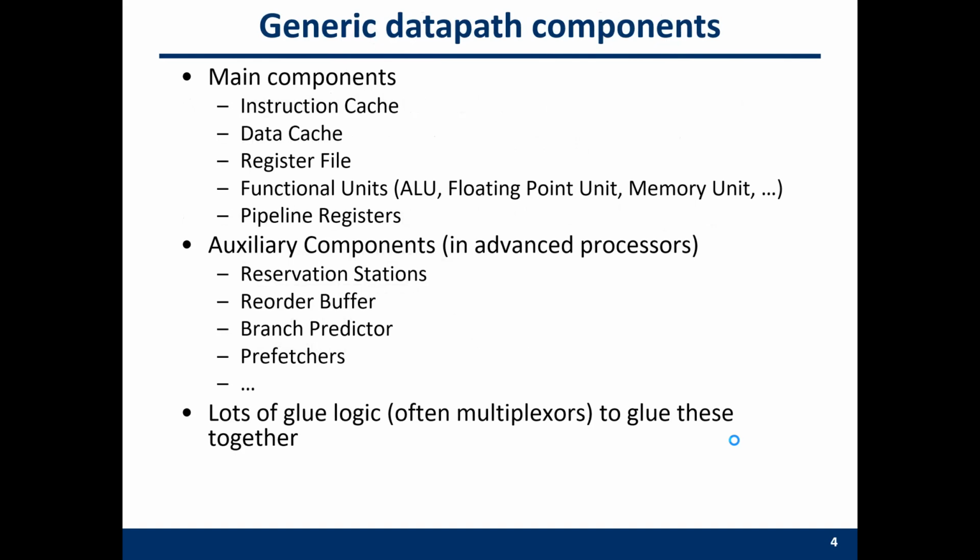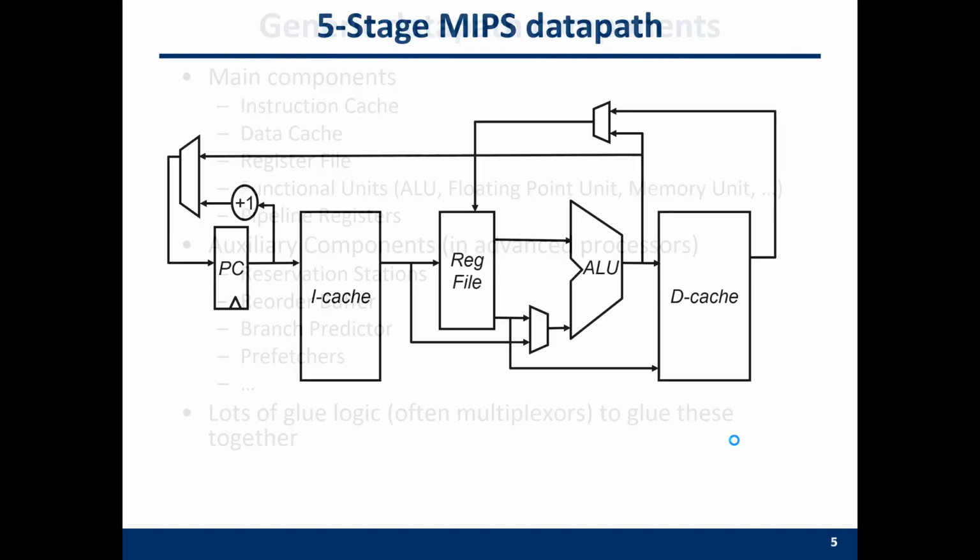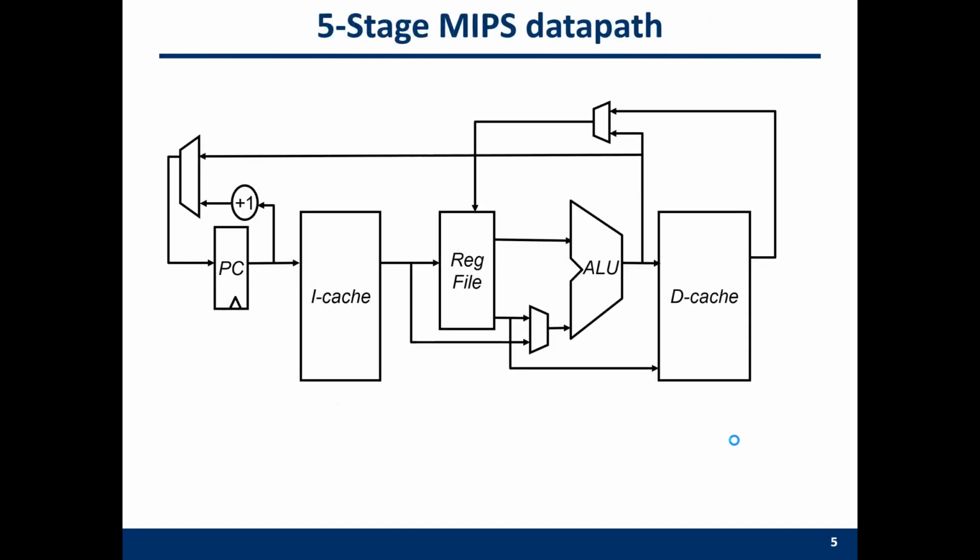And these are the main components. But for a typical design, particularly how to design the microarchitecture, this is the so-called 5-stage MIPS or RISC data path, a 5-stage pipeline.